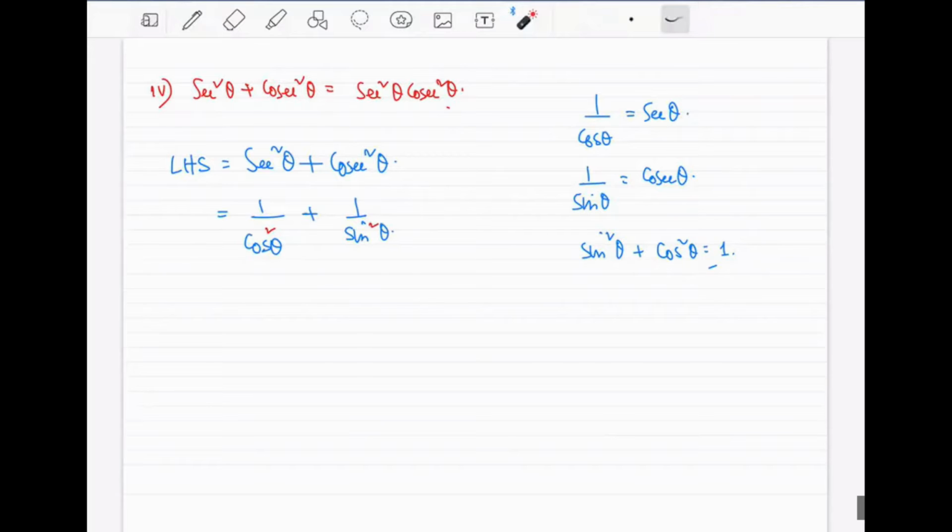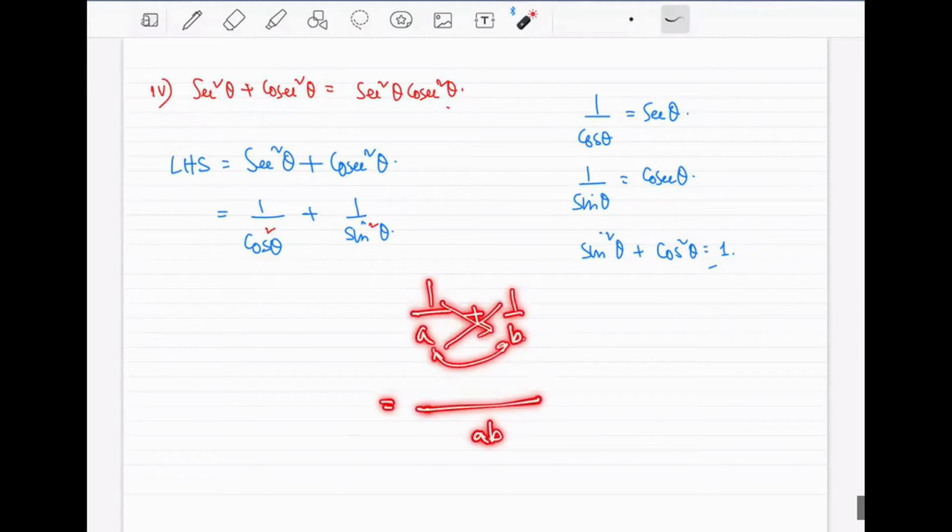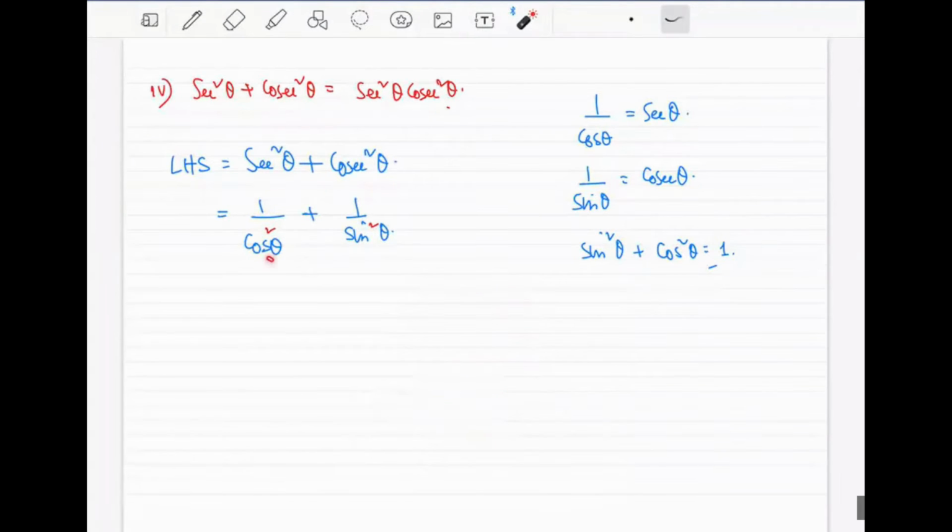Now let's combine them. I have told you all how to do addition of terms like this. You first take a and b, put a, b here and then cross multiply, right? Down first, we will write b first. Up next, we will write a next. Do the same here. You multiply these two, so we obtain cos square theta times sine square theta.